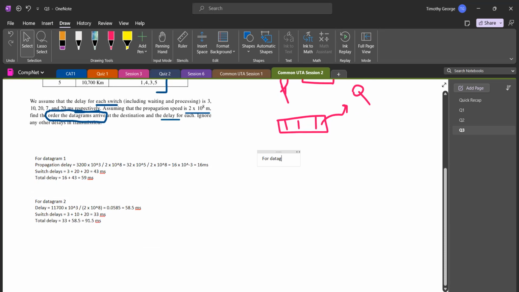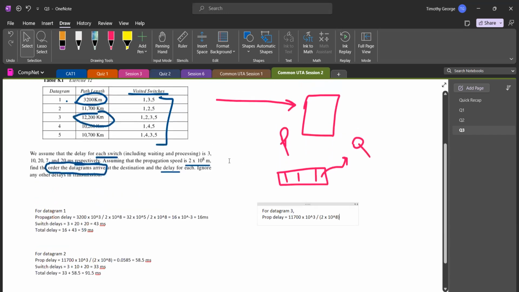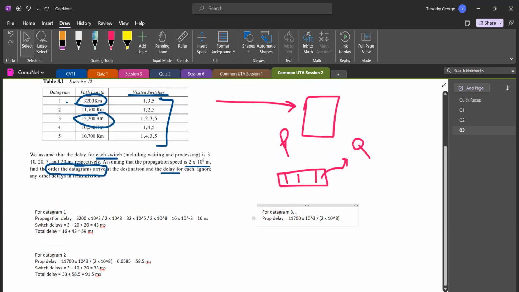For datagram 3, the propagation delay, so this is prop delay, not just delay, is equal to, I'm just going to copy from here, not 11,700 but 2200, and that's equal to that many milliseconds.